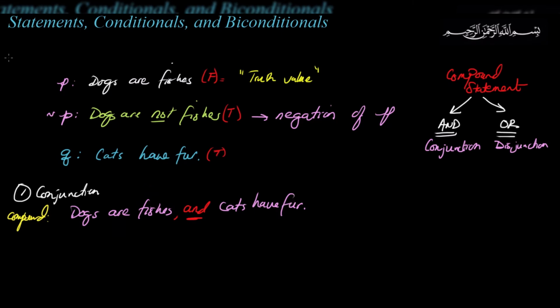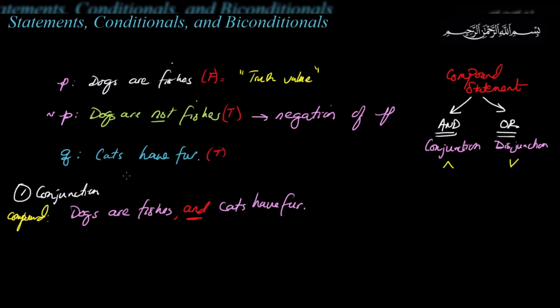We give symbols to these words and or. The word and is given this particular symbol. It's like a rotated greater than or equal to sign, so to speak. So and is written like this, and the word or is written like this, like a V. So this is or. We can write this statement using those symbols.